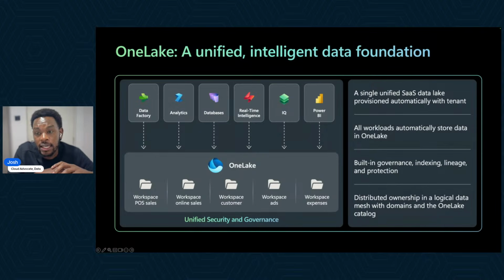We also have dataflows as part of the Data Factory workload. With dataflows, you have a low-code canvas that allows you to connect to data sources, do some transformation, and load that data into OneLake.